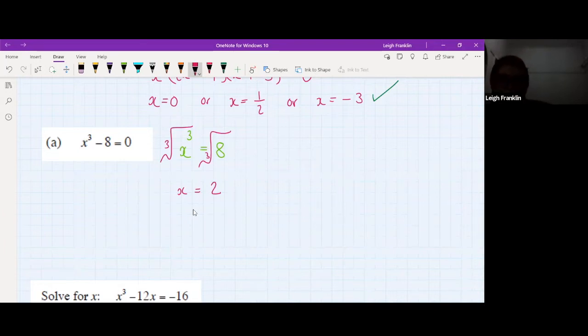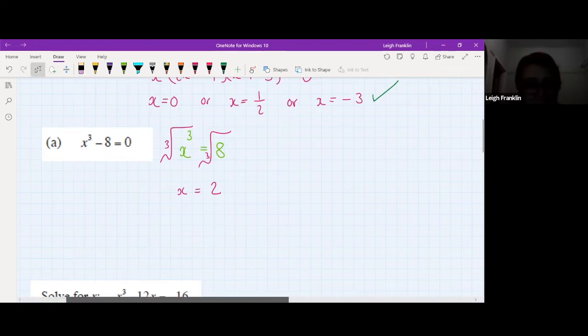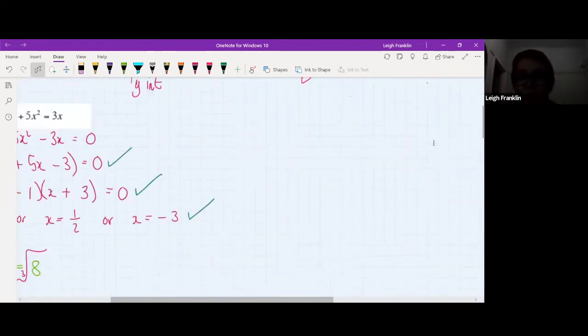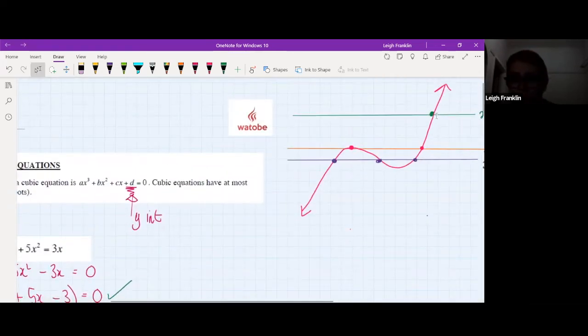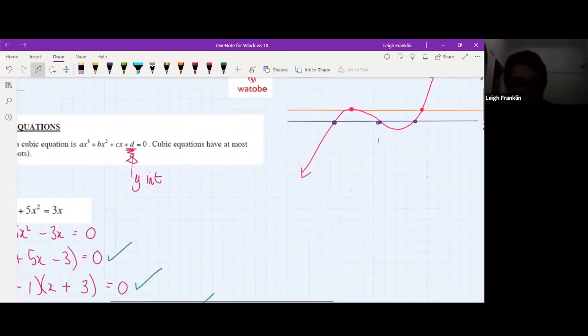So here's an example of a cubic equation where there's only one solution. I don't think they would give you something as simple as that in an exam, but I'm not setting your exams, so I don't know. That's like the situation over here with the green: there was only one x-intercept.